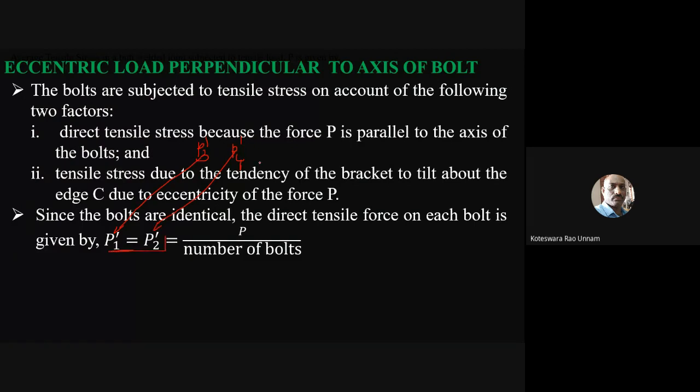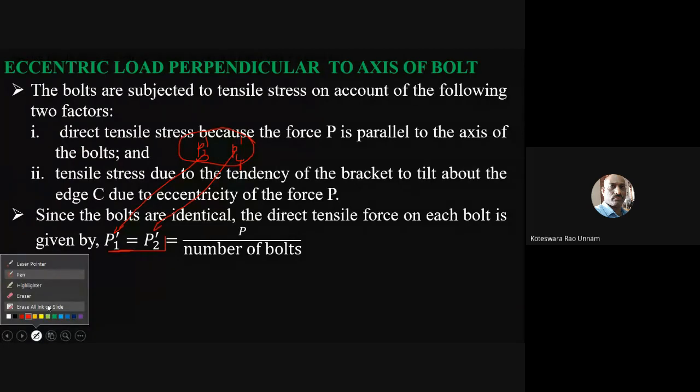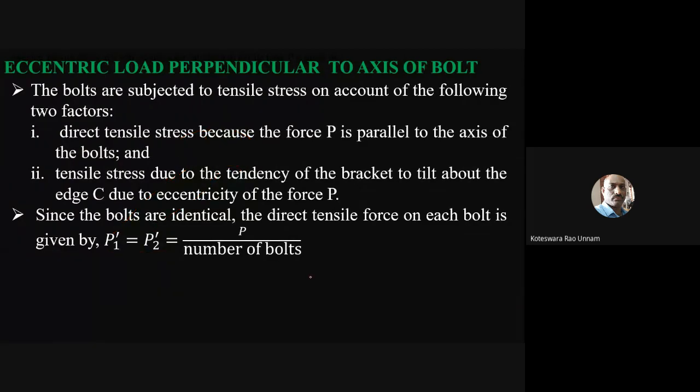That's why we are not writing P3 dash and P4 dash. Only one is sufficient because it is the same for all the bolts. So the important point you need to remember is to consider the total number of bolts, not the number of sets of bolts.